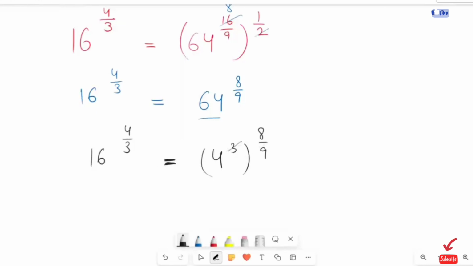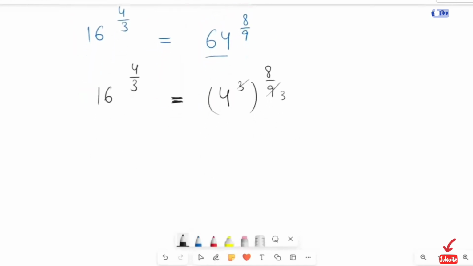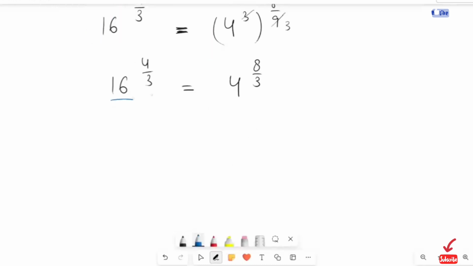Here this gets cancelled by 3. 16 raised to power 4 over 3 is equal to 4 raised to power 8 over 3 we have. Here I am going to change this 16 in the form of power. 4 raised to power 2, 4 raised to power 4 over 3 is equal to 4 raised to power 8 over 3. Now here the powers are going to be multiplied, so it will turn to 4 raised to power 8 over 3 is equal to 4 raised to power 8 over 3.